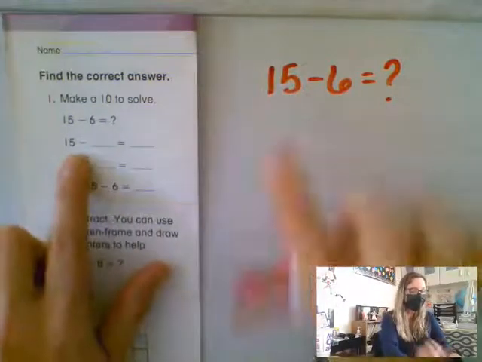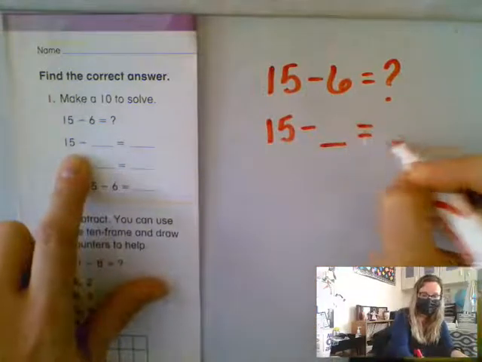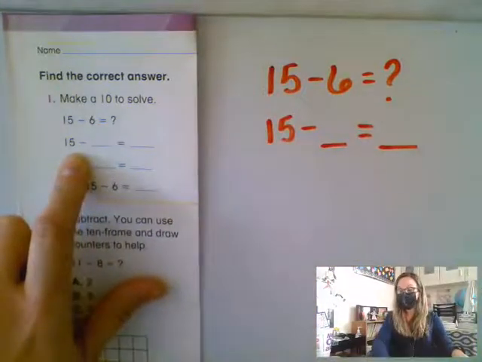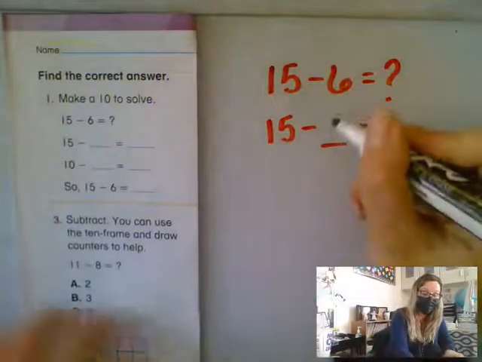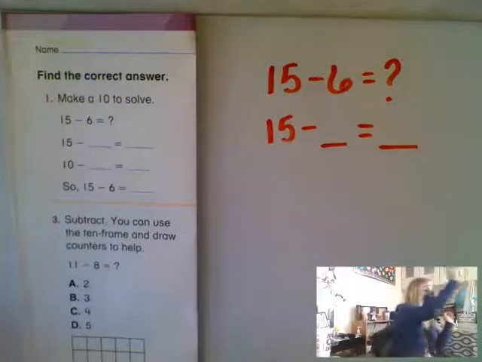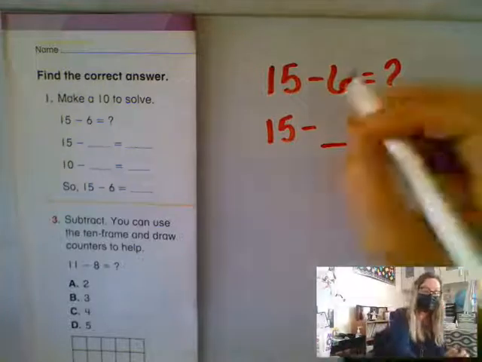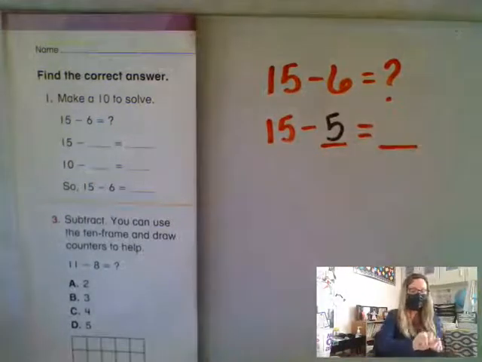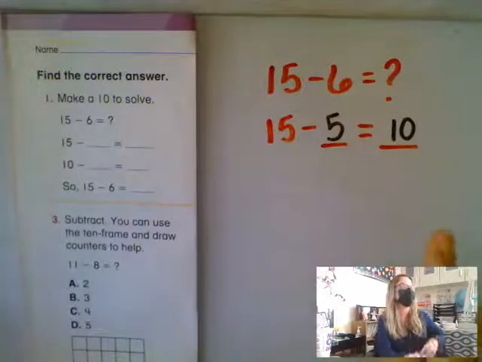So for this first part where it says 15 take away blank equals blank, what they're wanting you to do there is say, if I take away 5, 15 take away 5, oh, this marker doesn't even work. Chuck that in the chuck it bucket. If I take away 5, now I've made my 10. I followed the directions which said make a 10 to solve.